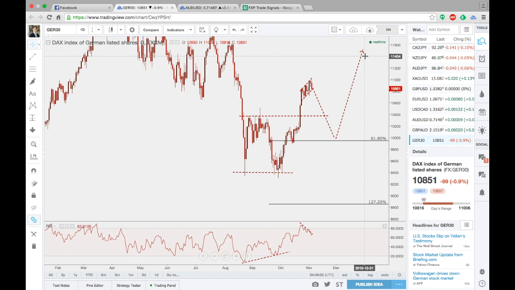So I hope this gives you a better understanding of how you can adopt RSI into your trading plan as well as certain strategies that you have.